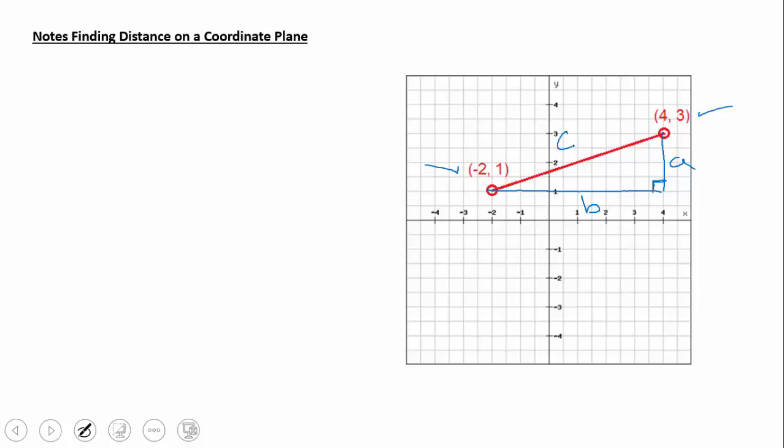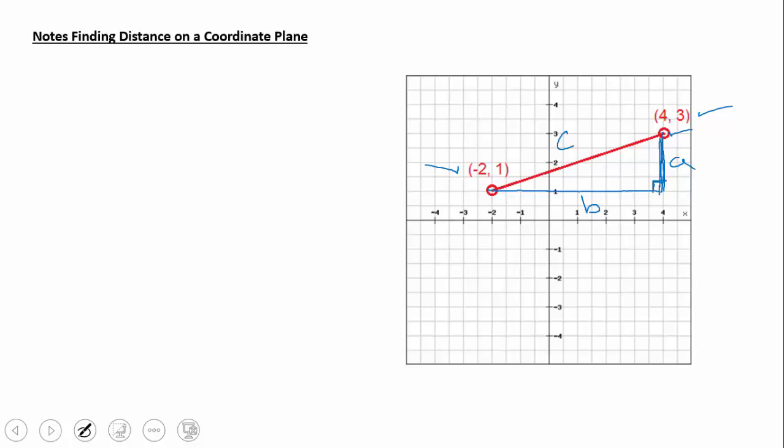And I know how I can use that, because I can find those legs A and B on a coordinate grid by just counting the units. It makes it very simple. So I'm counting the distance between 4, 3 vertically and -2, 1, which is going to be this distance A. That's the vertical distance between those 2 points.